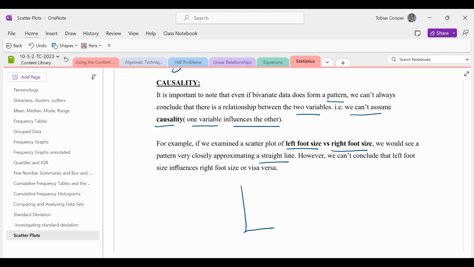Okay, so if you looked at left foot versus right foot, you would see something like this. Very strong linear relationship. However, you can't conclude that the left foot influences the right foot or vice versa. The size of your right foot does not influence the size of your left foot or vice versa. So even though there's a strong correlation, one does not cause the other.